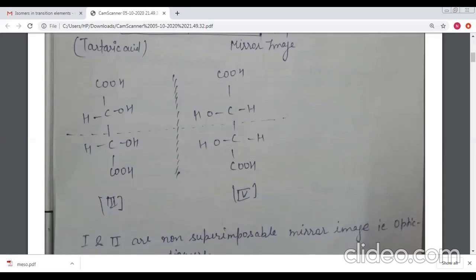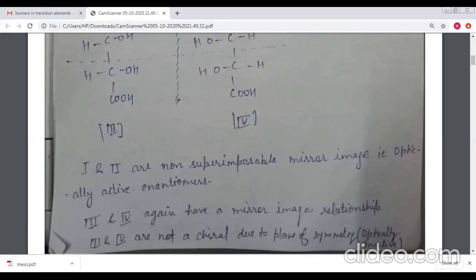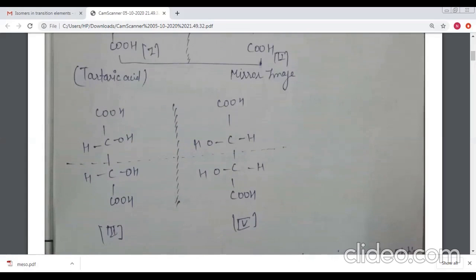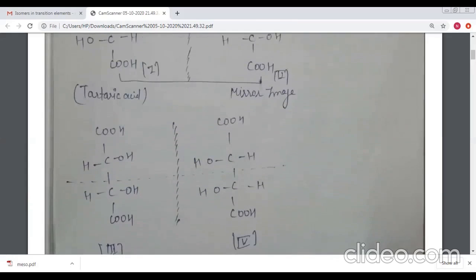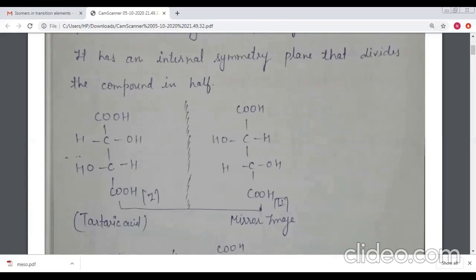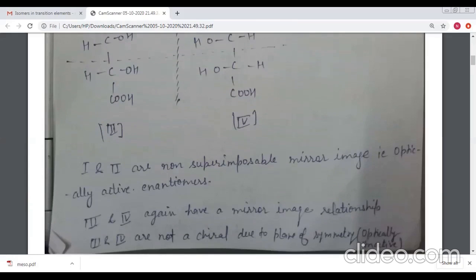But structure number 1 and 2 are non-superimposable. We can see that these are non-superimposable mirror images, and so these are called optically active enantiomers.